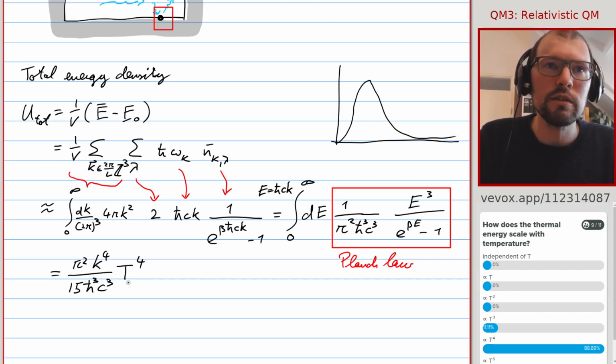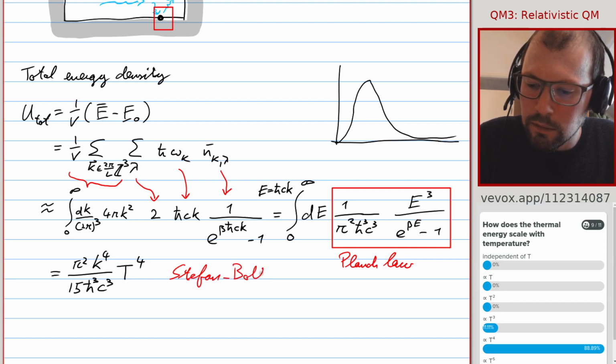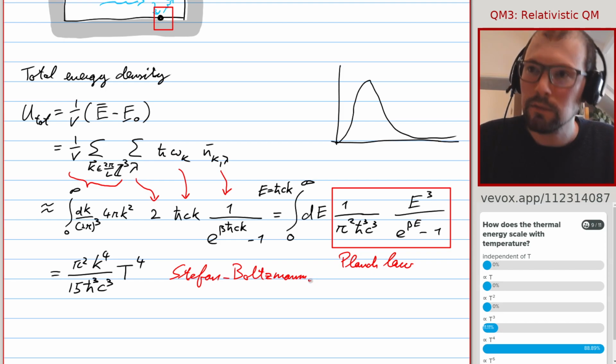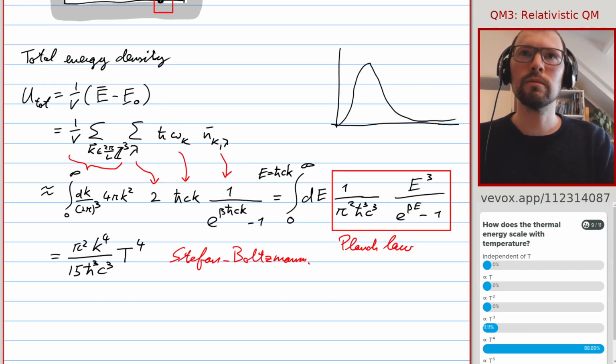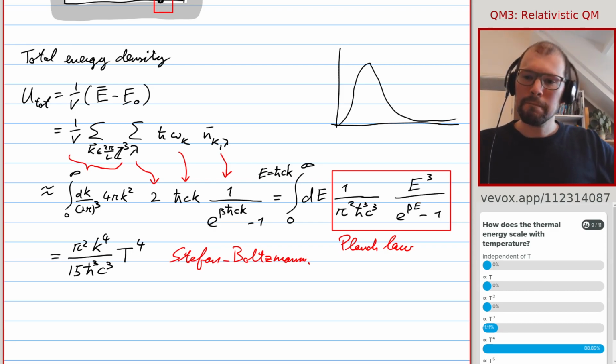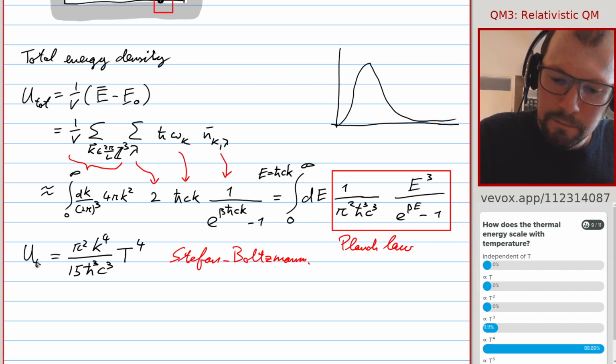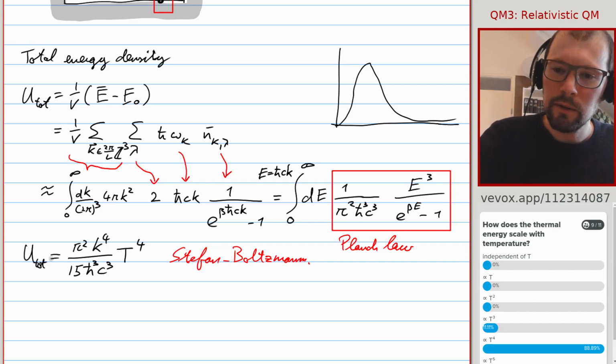So we get exactly a temperature to the fourth out. So this is Stefan Boltzmann's law.